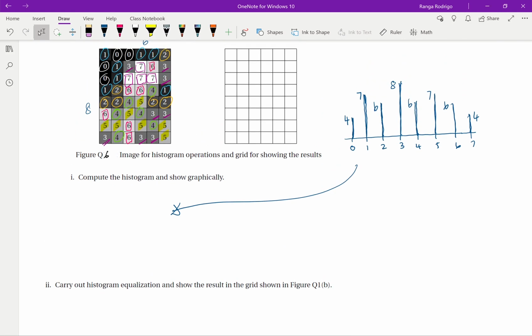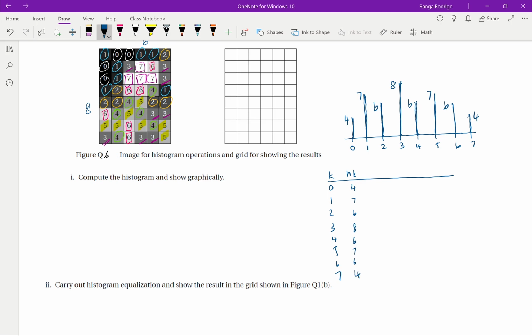Okay, for the histogram equalization you need to build a table. K input intensity 0, 1, 2, 3, 4, 5, 6, 7. Then nk, number of pixels with that intensity. So we can write 4, 7, 6, 8, 6, 7, 6, 4.